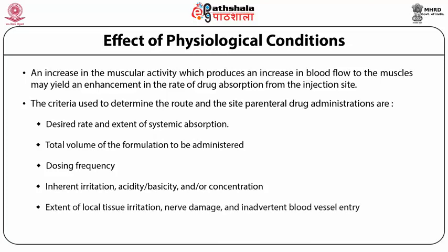The extent of local tissue irritation, nerve damage, and inadvertent blood vessel entry can also be an important parameter to be assessed while delivering the drug through the parenteral route. Of course, last but not least, the age and the physical condition of the patient would primarily decide the route of administration while delivering the parenteral controlled drug delivery system.